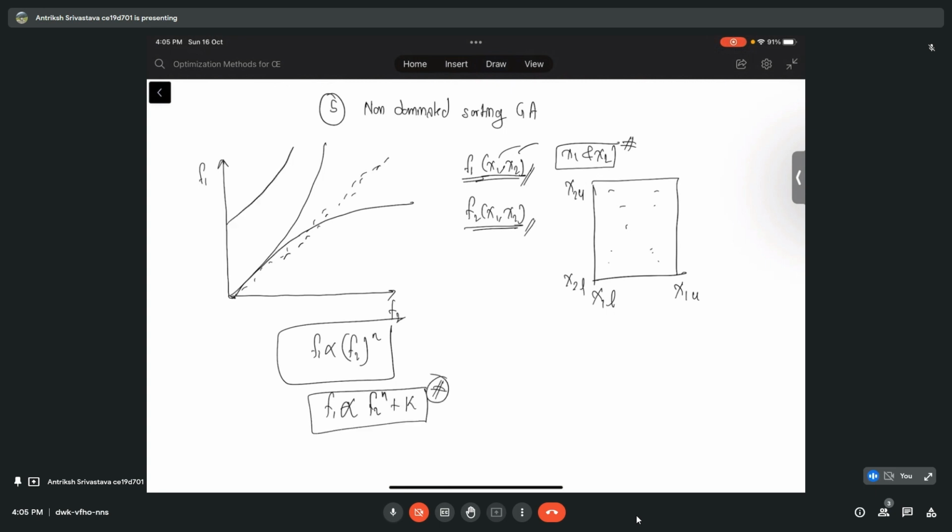So in that case it will be this kind of thing. What you can observe is that when f1 is increasing, f2 is also increasing. So it's kind of a proportional relation between f1 and f2.